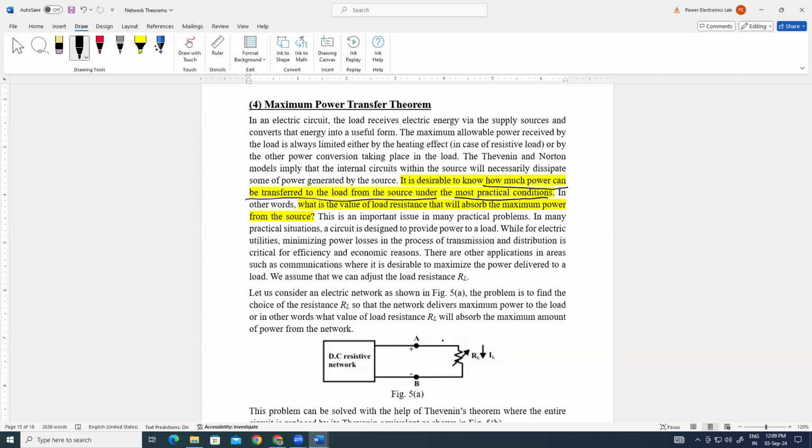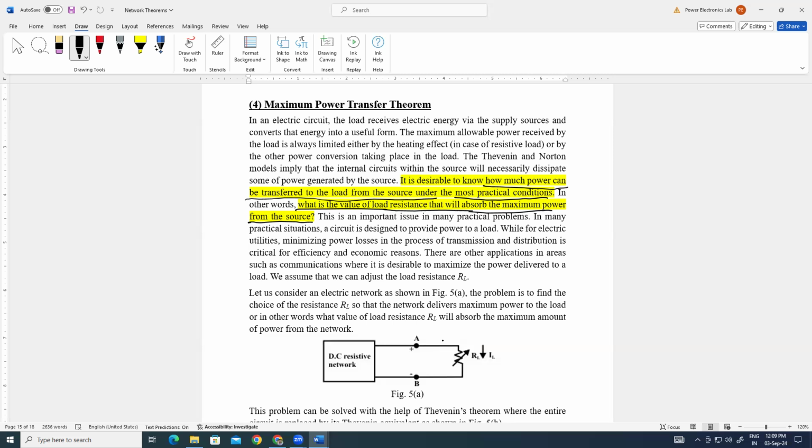In other words, we can ask what the value of the load resistance is that will absorb the maximum power from the source. We can also calculate the value of the load resistor that will absorb the maximum power being transferred from source to load.